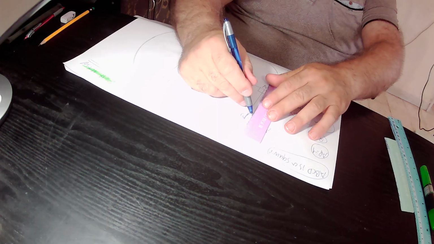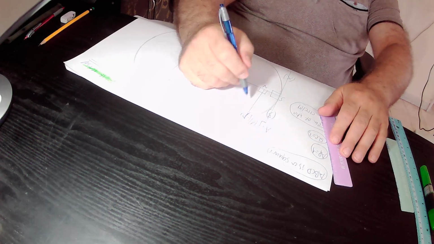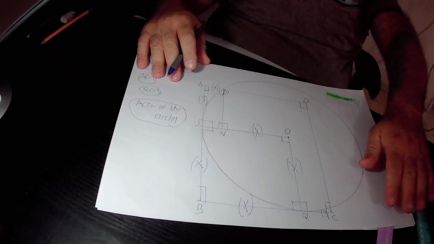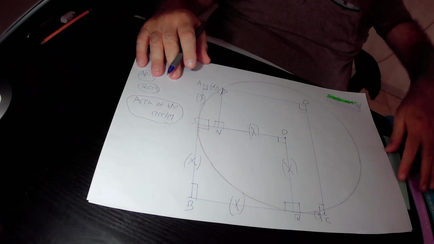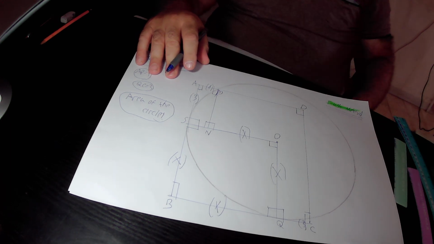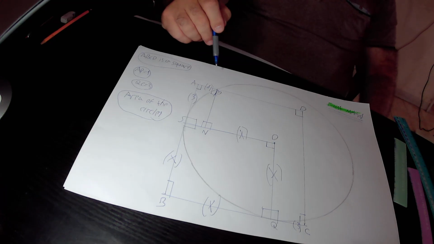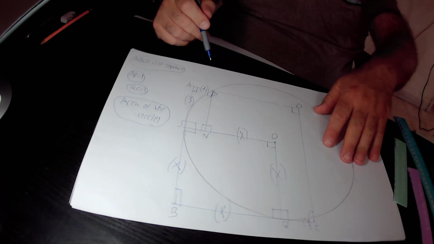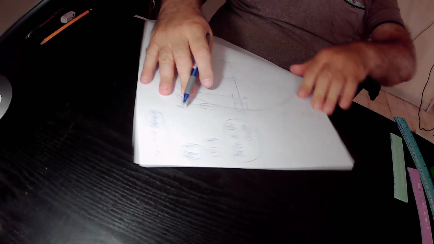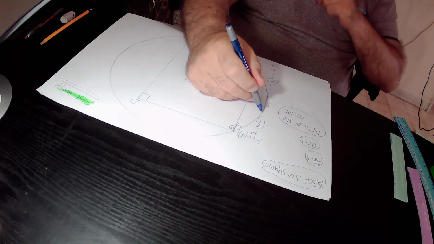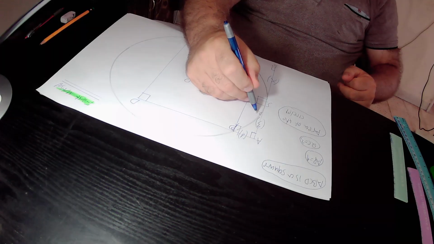So inside this small quadrilateral APNS, we have 4 right angles. And according to rule 5, any quadrilateral that has 4 right angles must be a rectangle or a square. So this small quadrilateral APNS is a rectangle according to rule 5.